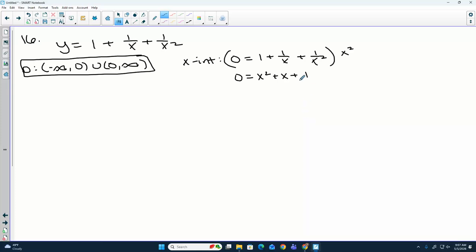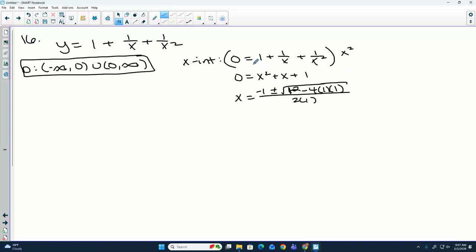No. So if you try the quadratic formula, the opposite of b plus or minus the square root of b squared, so 1 squared minus 4 times 1 times 1, over 2 times 1. What happens underneath the radical? We get 1 minus 4, which is negative. So that means this is imaginary.